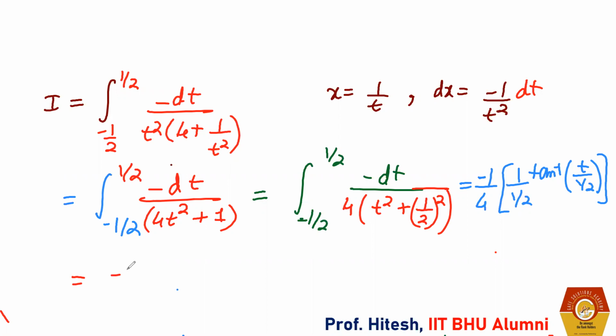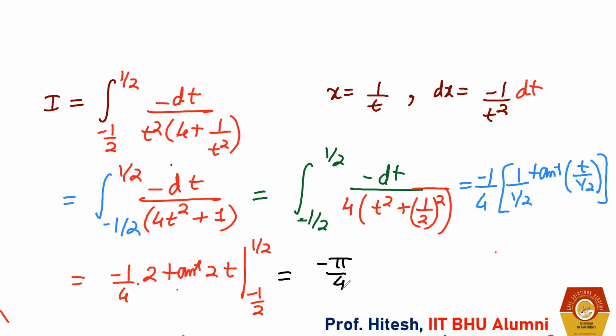So -1 upon 4 times 2 tan inverse 2t, and the limit is minus half to plus half. When you calculate, you will get minus pi upon 4.